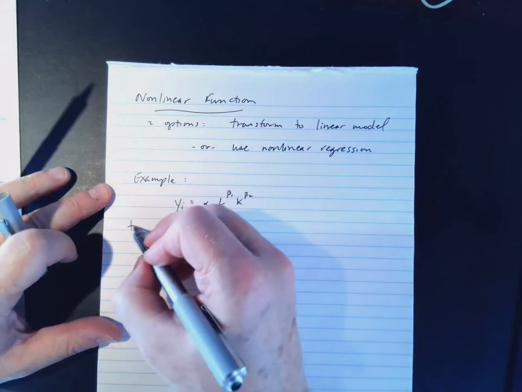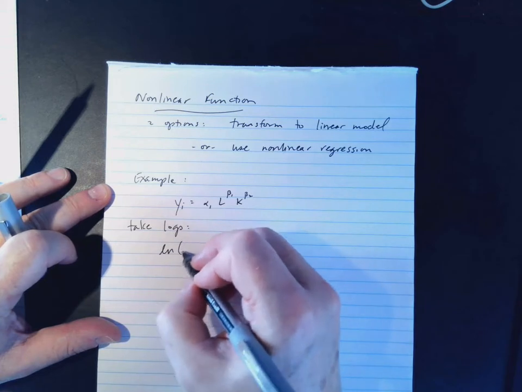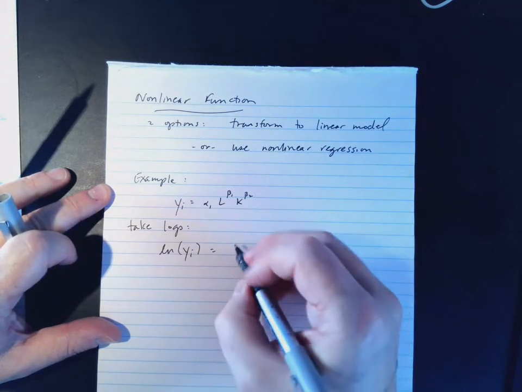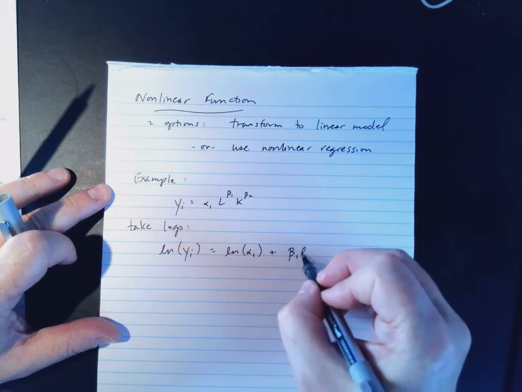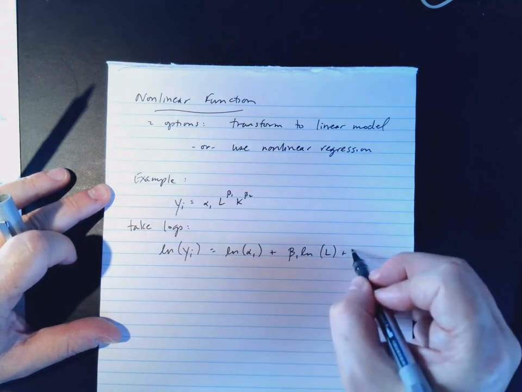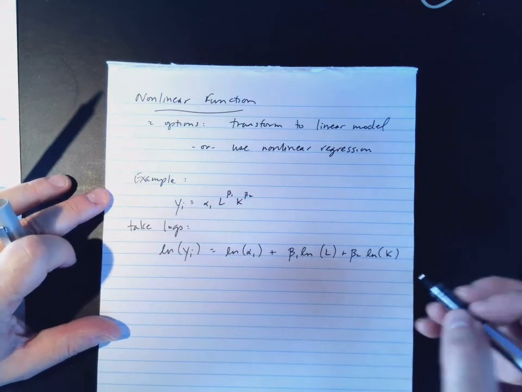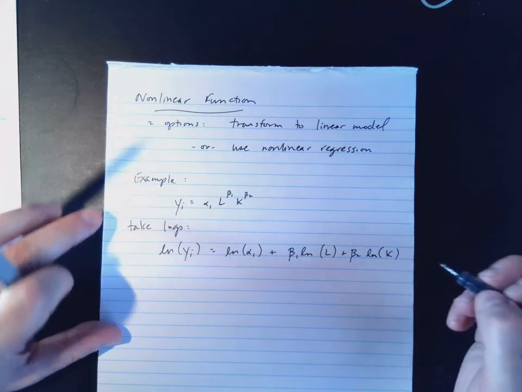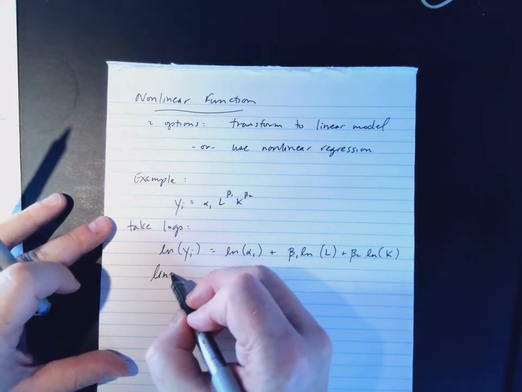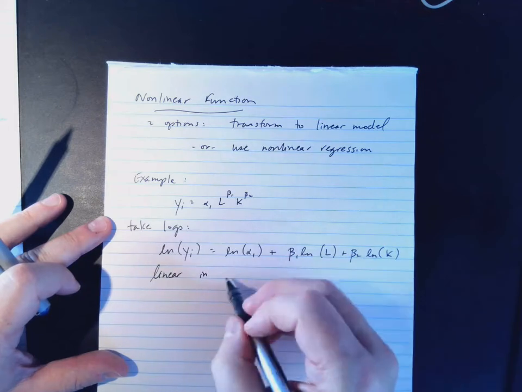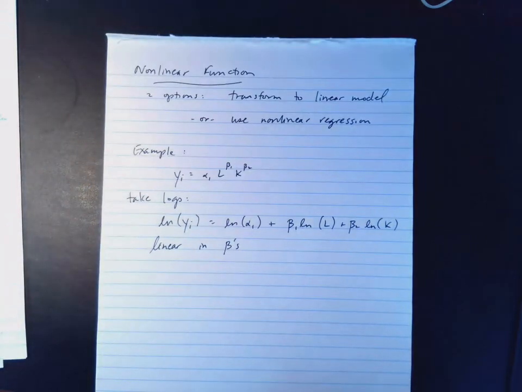But if you take the logs, then we have log y equals log of alpha plus beta 1 log L plus beta 2 log K. And then we can add an error term on that. And now this is a linear function in the betas. And then we can estimate that.